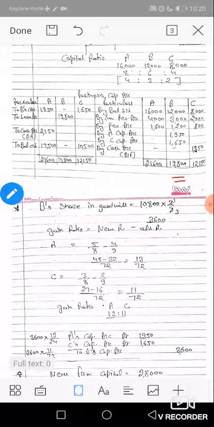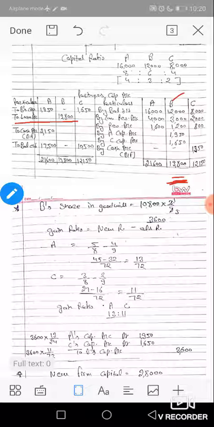So first of all, I will add B's balance on the credit side: 12,000 plus 3,000, 1,200, 1,950, 1,650, that is 19,800, and these 19,800 are transferred to B's loan account as per the given information.